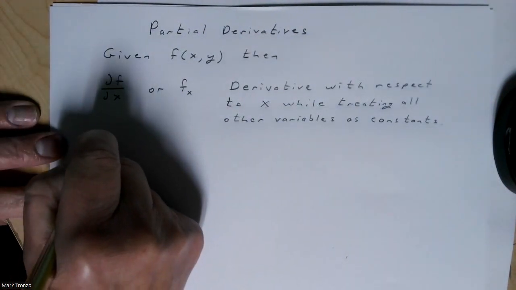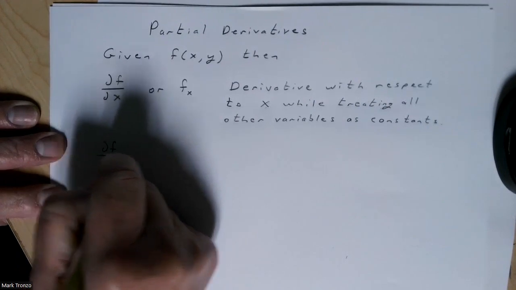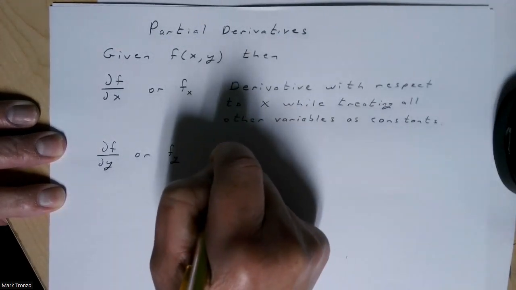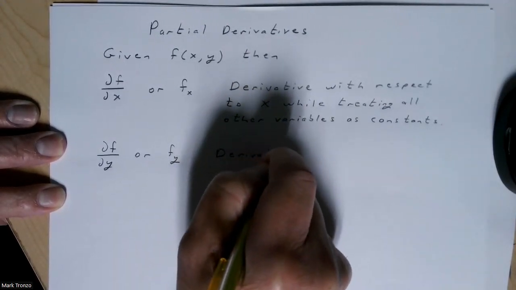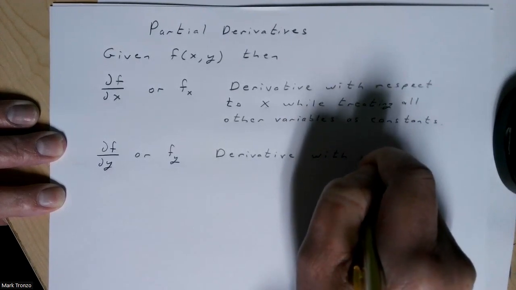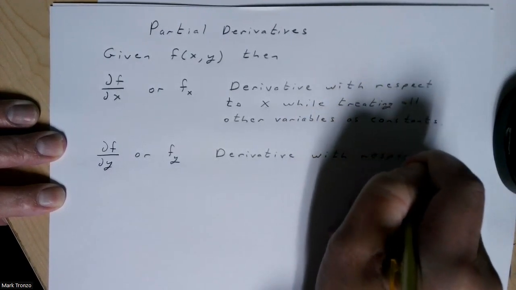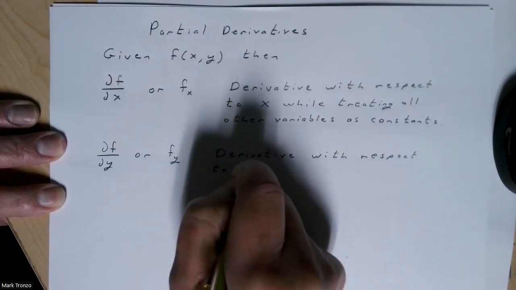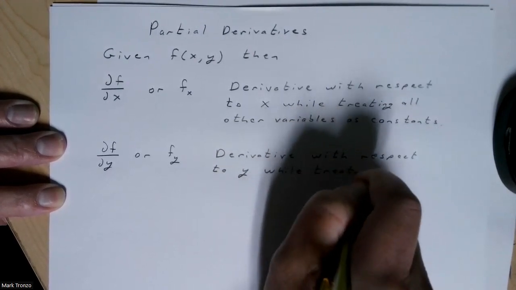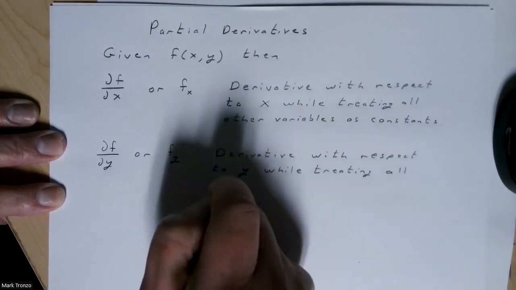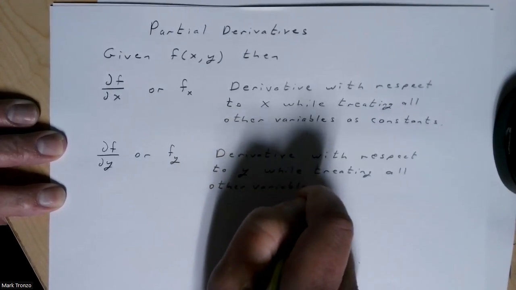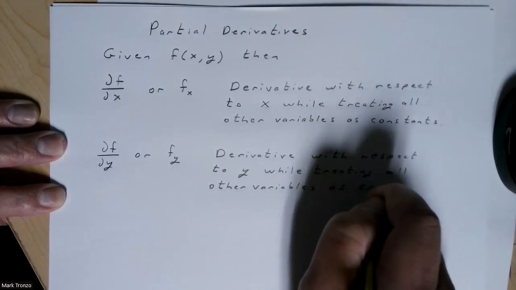And then we have df dy, or this can be f with a small y, and this is the derivative of our function with respect to y while treating all other variables as constants.